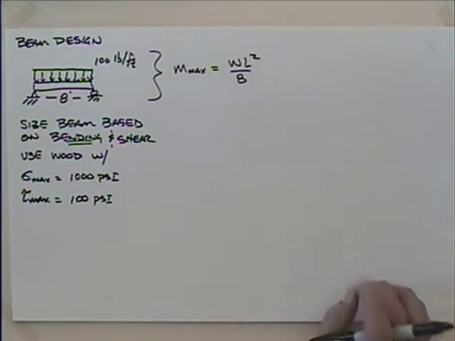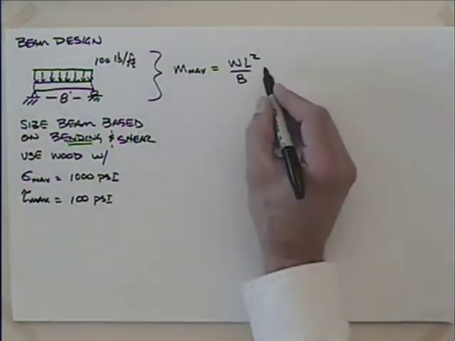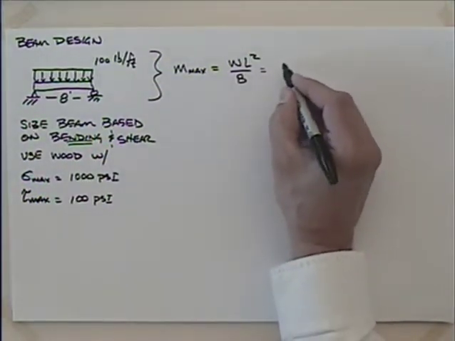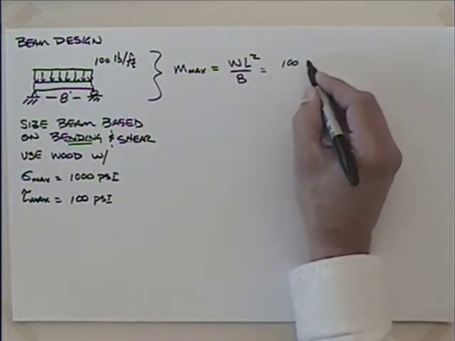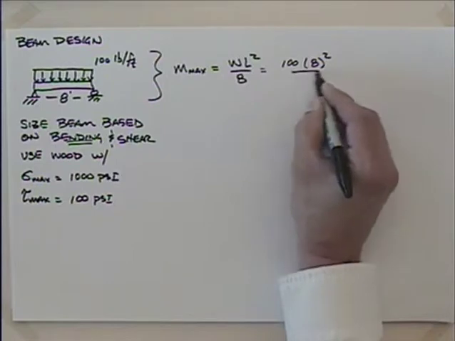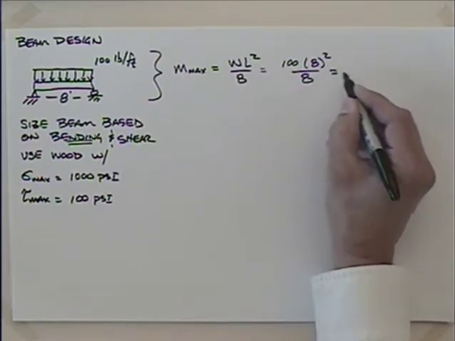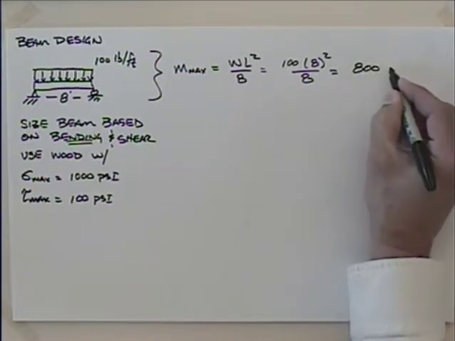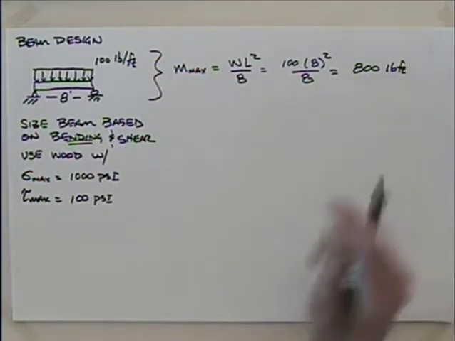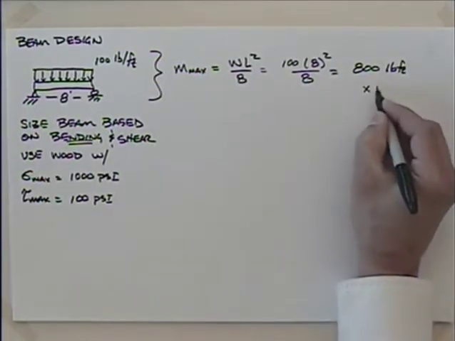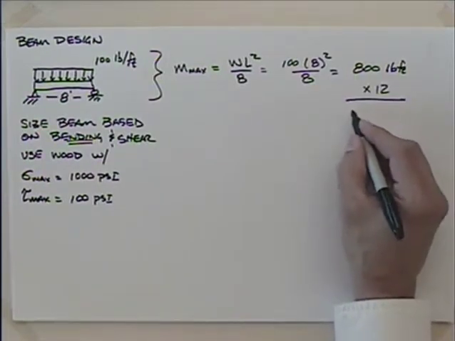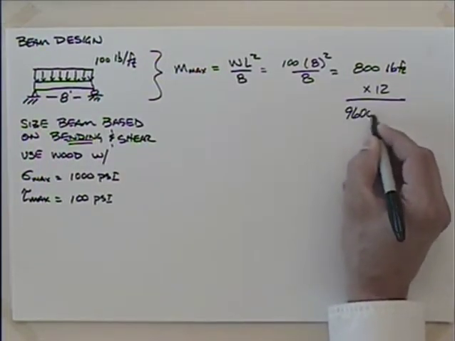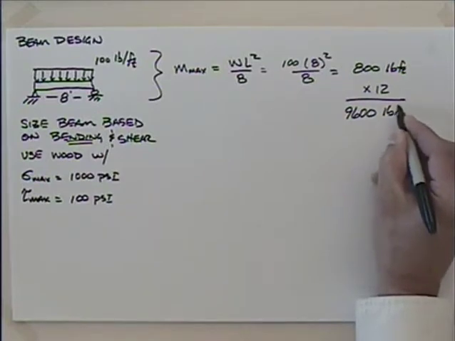We've done that many, many times. WL squared over 8. So we would have the weight, that's 100, times the length, which is 8 squared divided by 8, which I get, what, 800 pound-feet. Okay, and then I'm going to multiply this by 12, so I come up with 9,600 pound-inches.